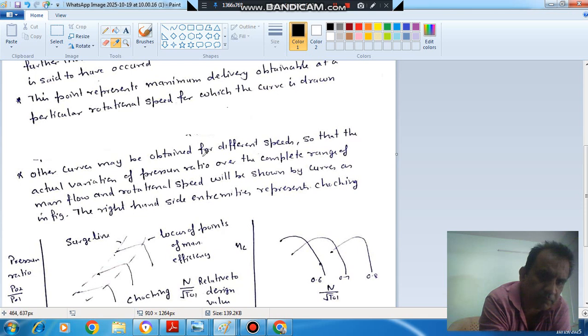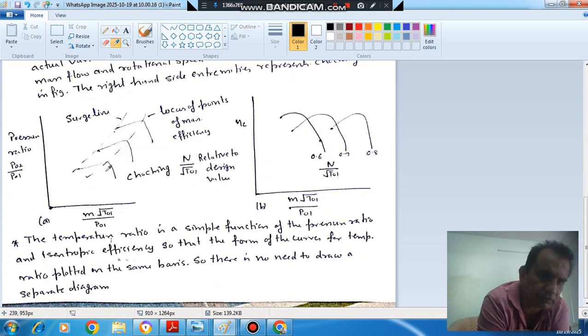Other curves may be obtained, meaning this curve, this curve, this curve, so that the actual variation of pressure ratio over a complete range of mass flow and rotational speed will be shown by the curves as in the figure. The right hand side extremity represents choking.